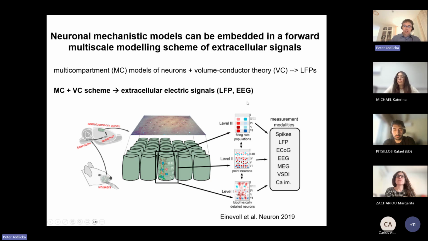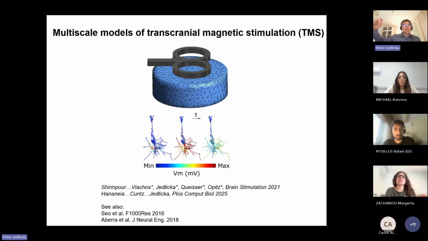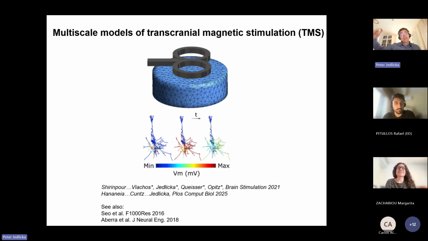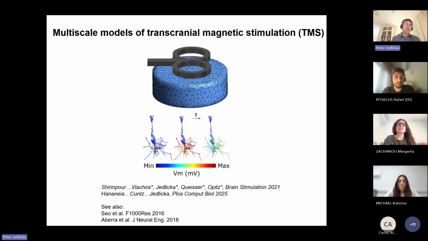And then you can also make it in a different order. You can first model electric fields, and you can couple them to multi-compartmental models. So that's what we also started doing. I don't want to go into details here. This is just to let you know that this is possible. You can simulate electric fields and couple them to those biophysically detailed or also morphologically detailed biophysical models.